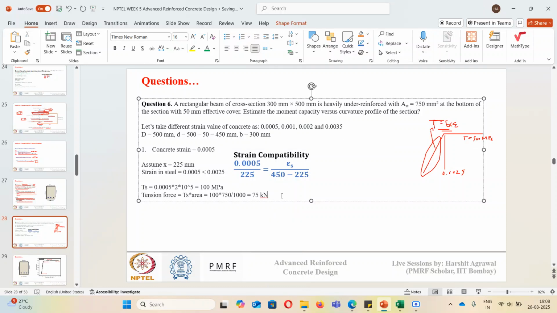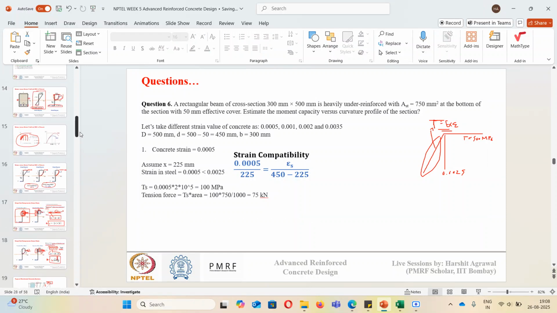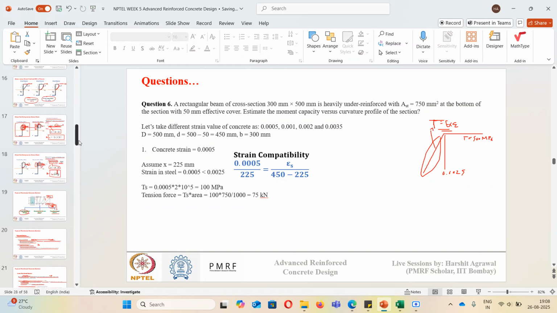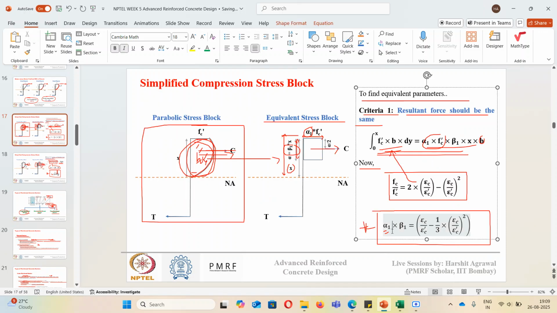Now for concrete, we first need to get the equivalent stress block elements. We have found these relationships earlier for the concrete stress block. One is this relationship, so I will copy this relationship here.